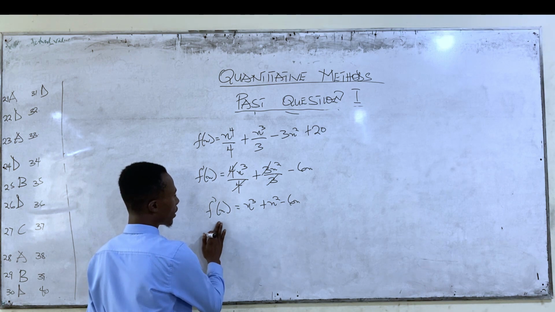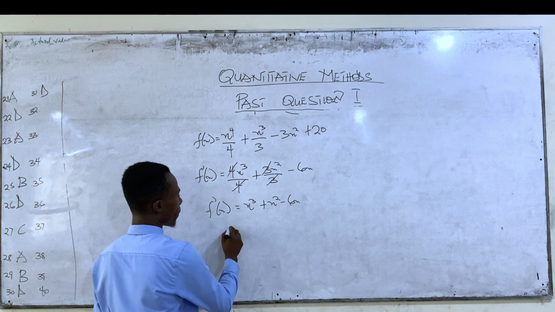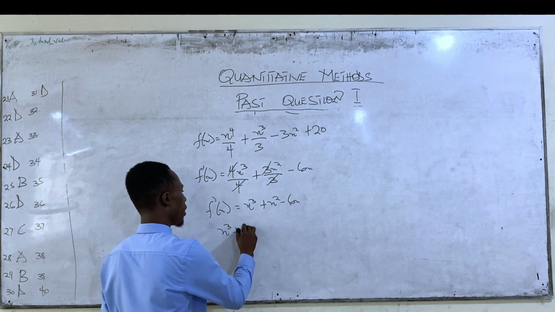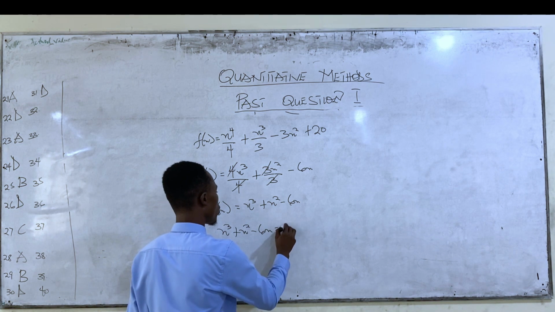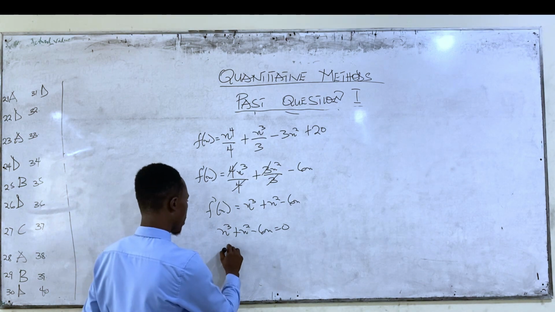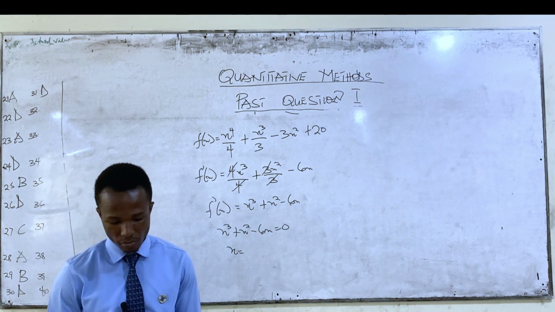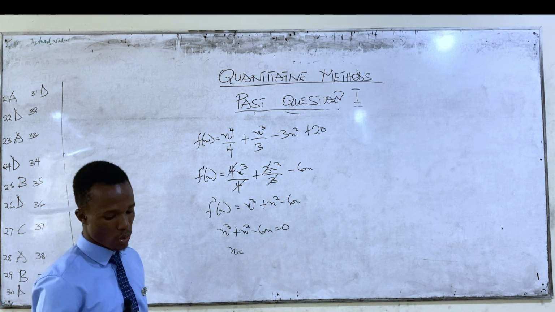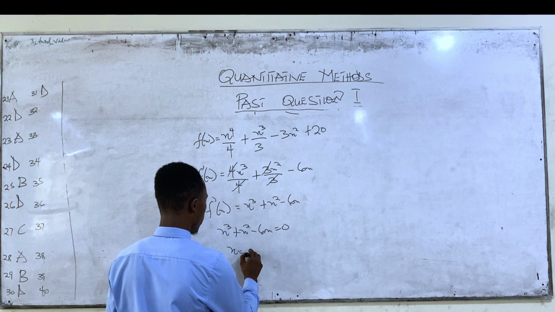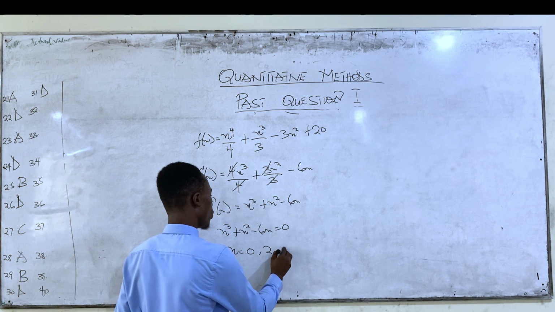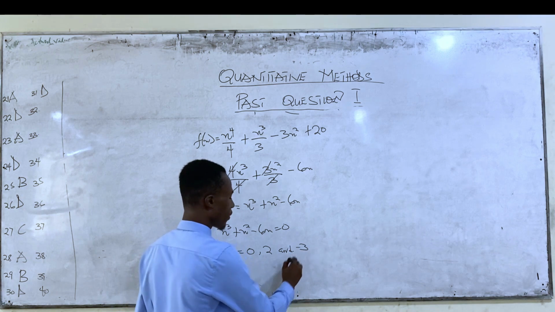So x cubed plus x squared minus 6x equal to 0. When you use the calculator, you are going to get x values 0, 2, and negative 3.